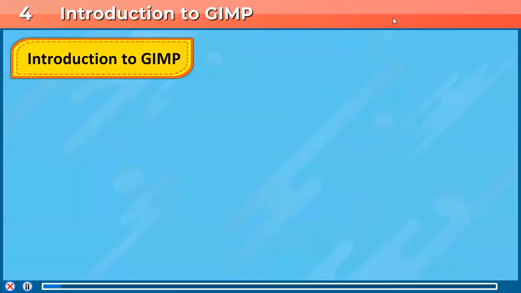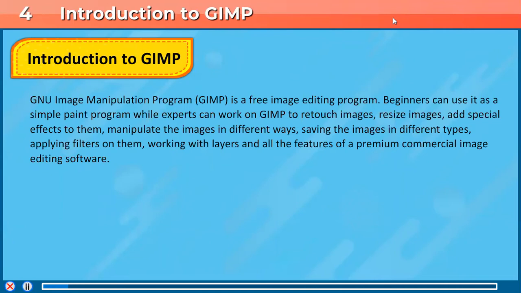Introduction to GIMP. GNU Image Manipulation Program, GIMP, is a free image editing program. Beginners can use it as a simple paint program, while experts can work in GIMP to retouch images, resize images, add special effects to them, manipulate the images in different ways, save the images in different types, apply filters on them, work with layers, and use all the features of a premium commercial image editing software.